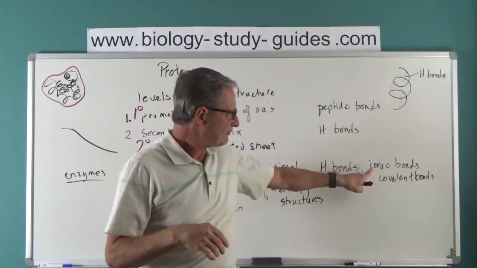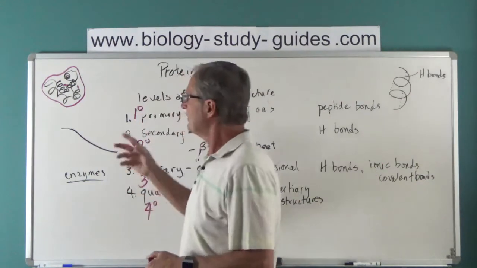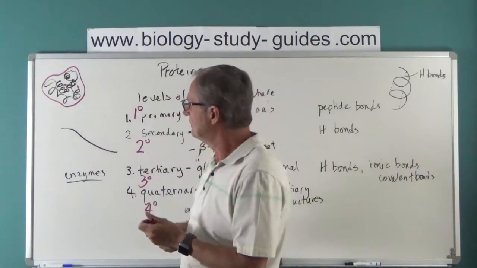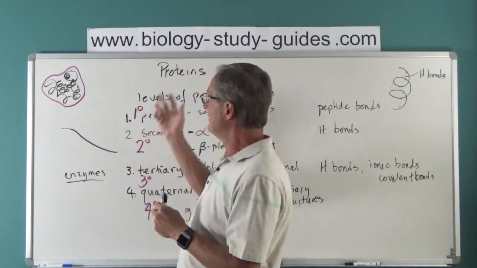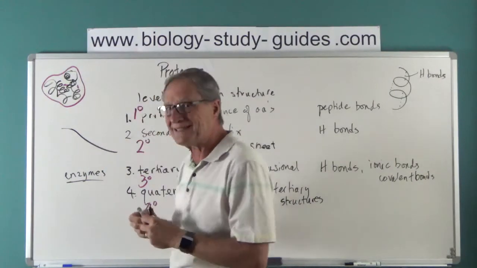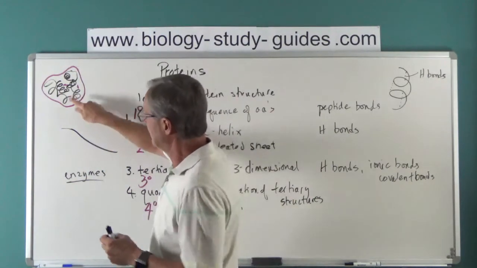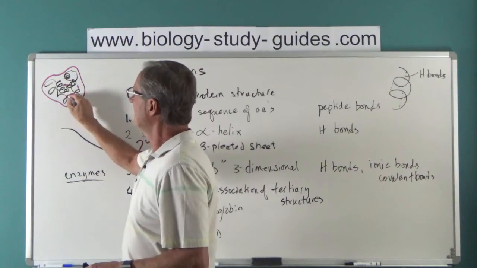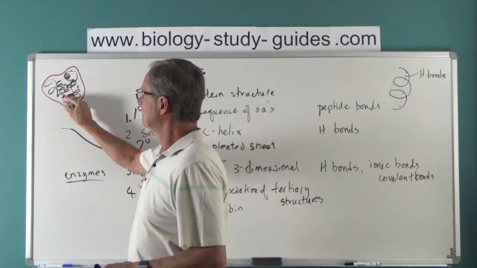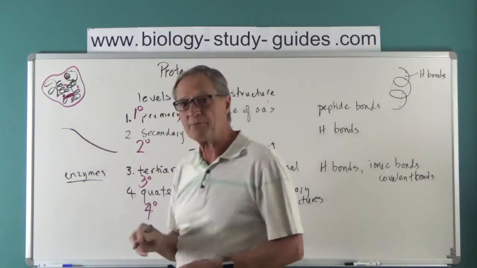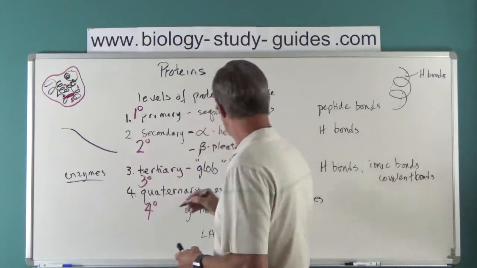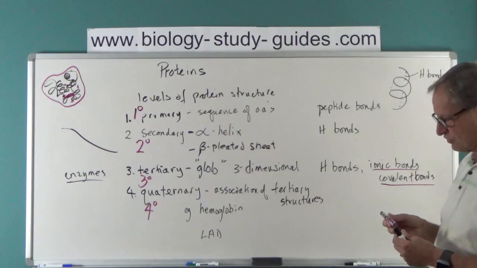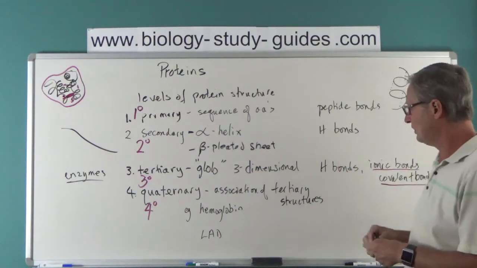But we also have other atoms in proteins, in addition to carbon, hydrogen, oxygen. You can have, for example, sulfur in some amino acids, and you wind up with a thing called a disulfide bridge. So maybe here we have two sulfur atoms side by side, and that forms a disulfide bridge, which is a very strong covalent bond. So we do have some covalent bonds and some ionic bonds in that level of structure, in addition to hydrogen bonds.